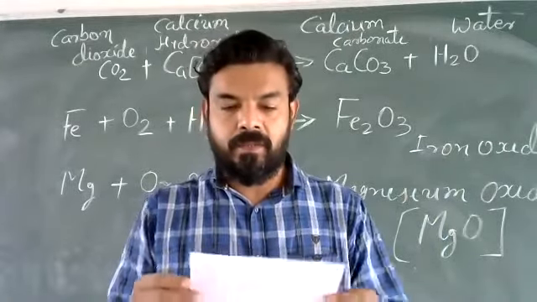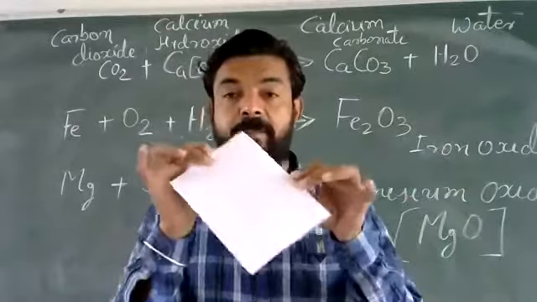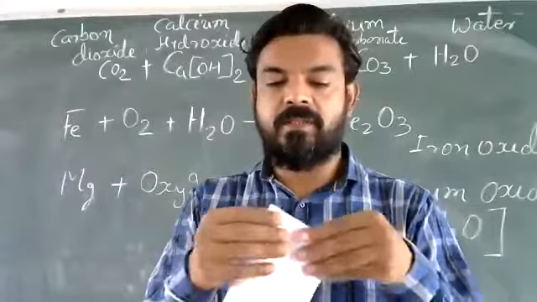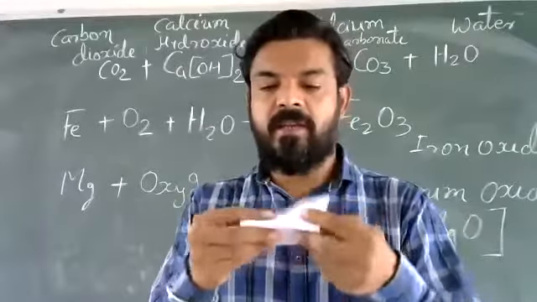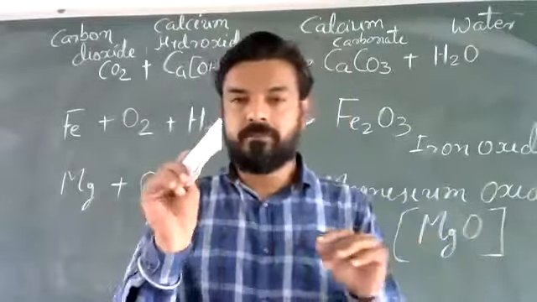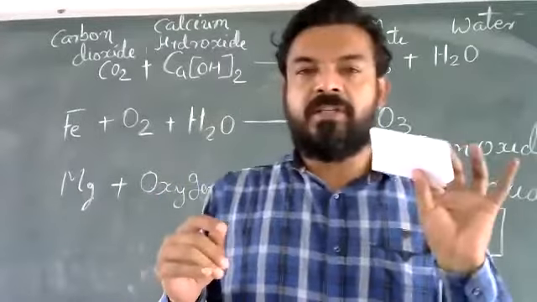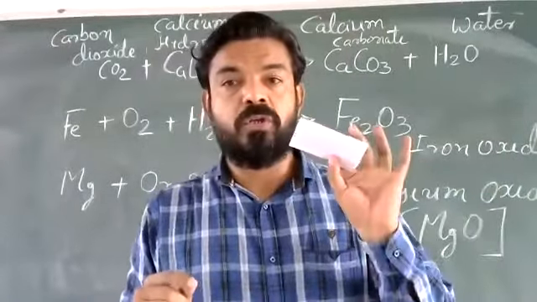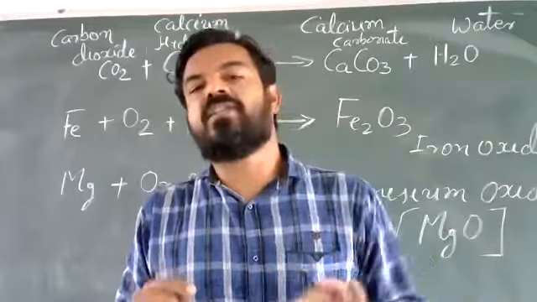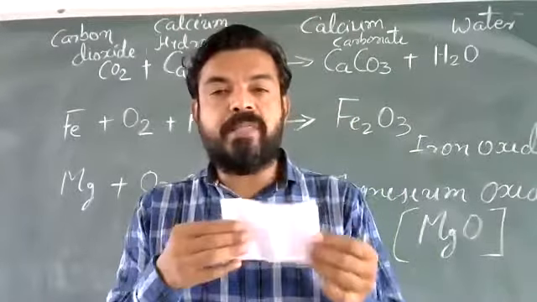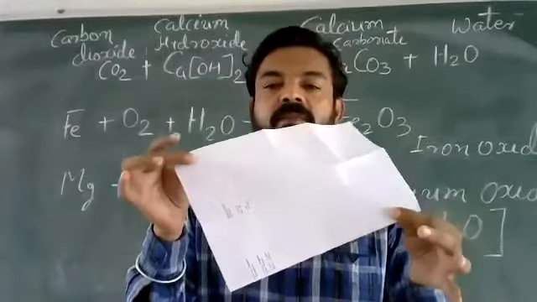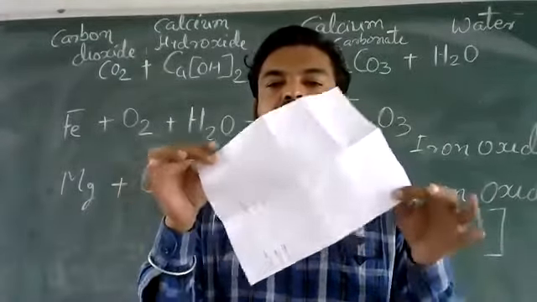See, this is the paper. I fold. This is one time folding. This is two time folding. Three time, four time folded. This is a change. Size, shape, everything has been changed. So this is called the physical change. Now, if I open this paper, you can see the change occurs.